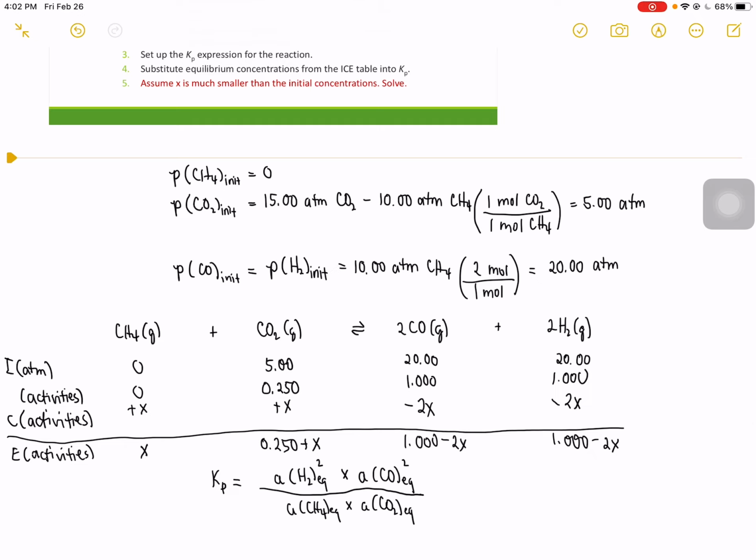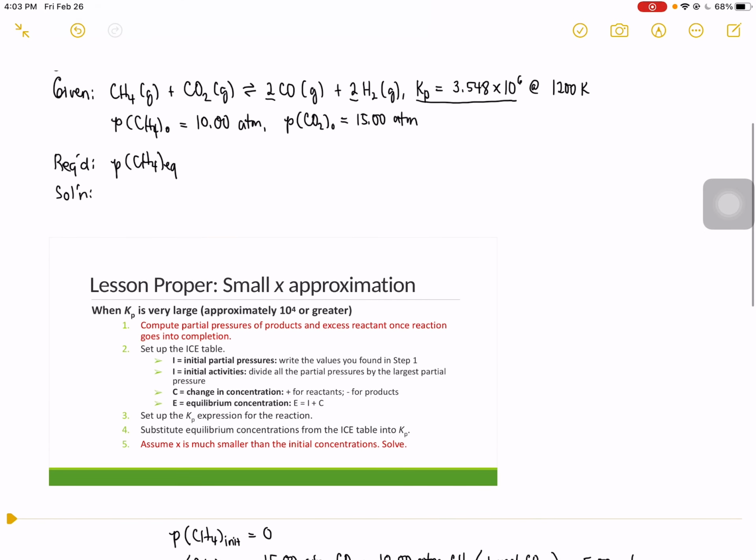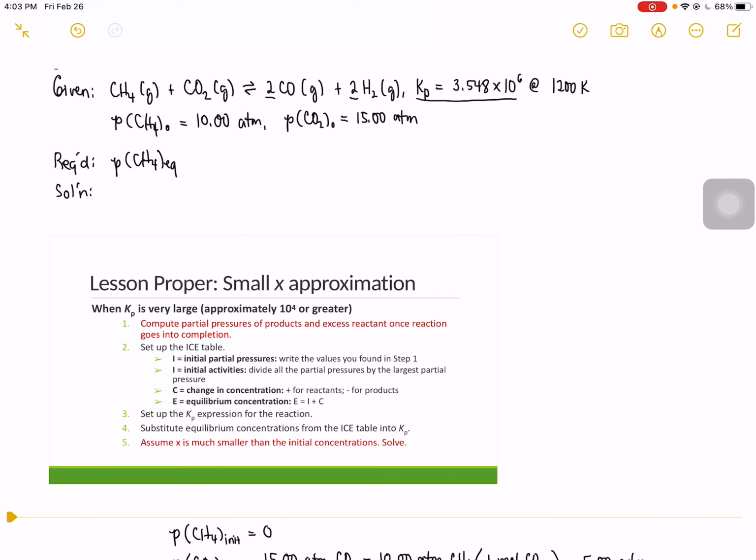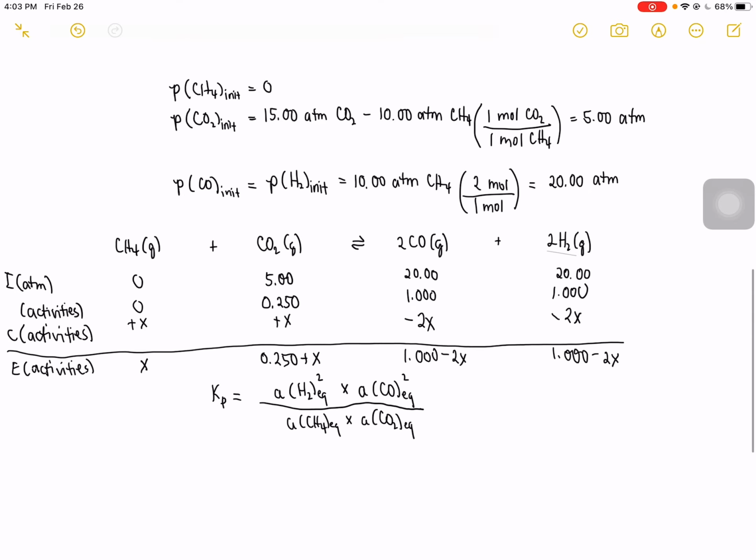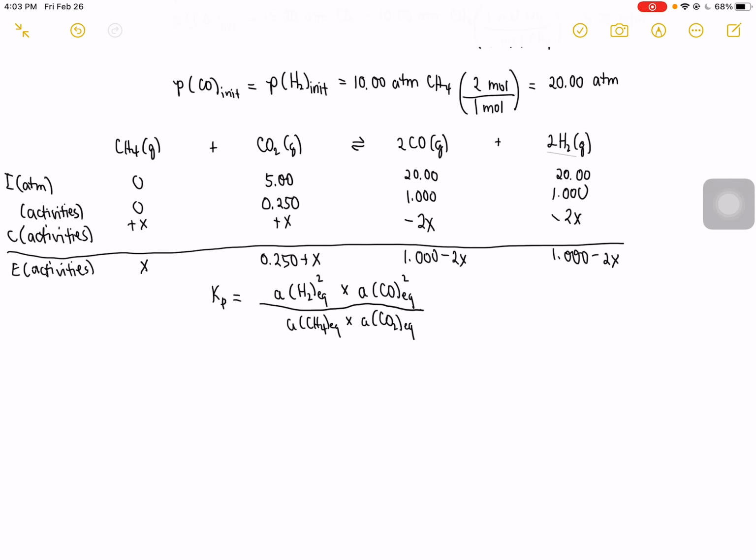Now, according to step 4, we now substitute the equilibrium concentrations from the ice table into the K sub P. And that's what we do now. Our K sub P is given to us as equal to the following. So we substitute this value right here. So K sub P is equal to 3.548 times 10 to the power of 6.